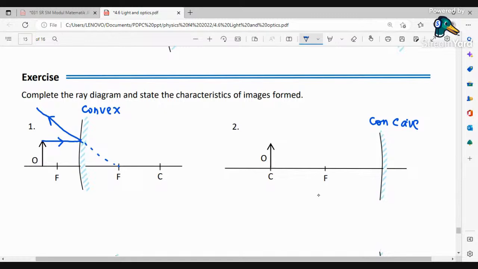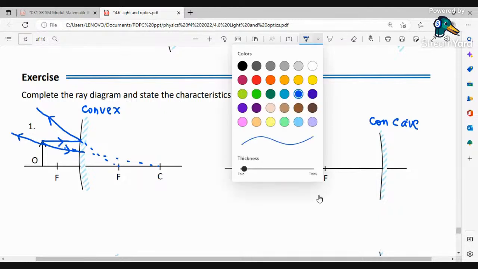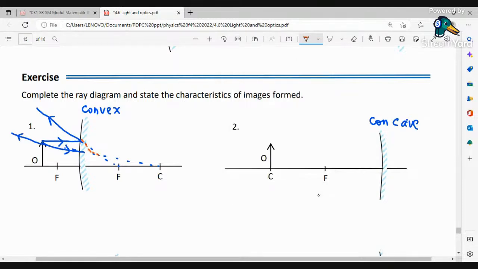Passing through F is not enough, it goes too far down. Let's say directed towards C. Directed towards C, it will reflect back like this. The two light rays will never meet in front here, so no image is formed on the screen. So what you do is just extend to the back.